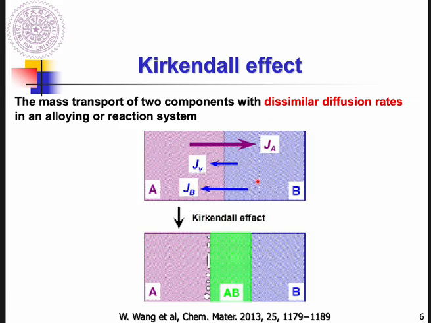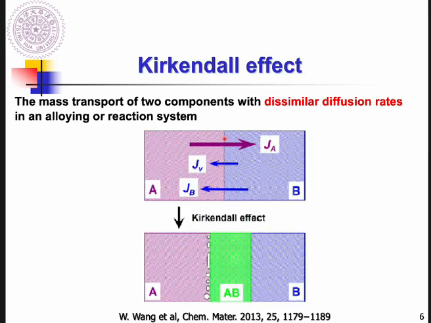When I heat these materials up and allow both atoms to interdiffuse, you will find some characteristic inside these materials. This we call the Kirkendall effect. But let me explain this.